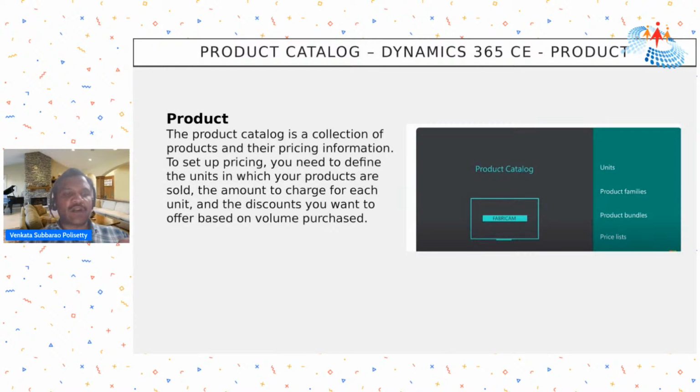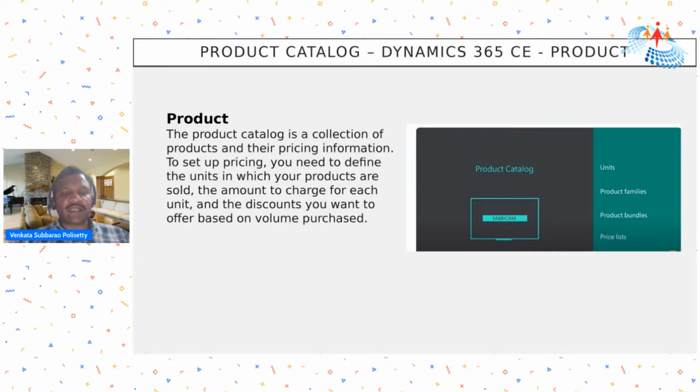In this product catalog, there are a few important things to see. The product catalog is the list of products of different types, and each type will have product families and bundles. For each product family and product bundle, there are associated price lists, which can have the actual prices, or we can also include the discounts, as I mentioned in the earlier slide.